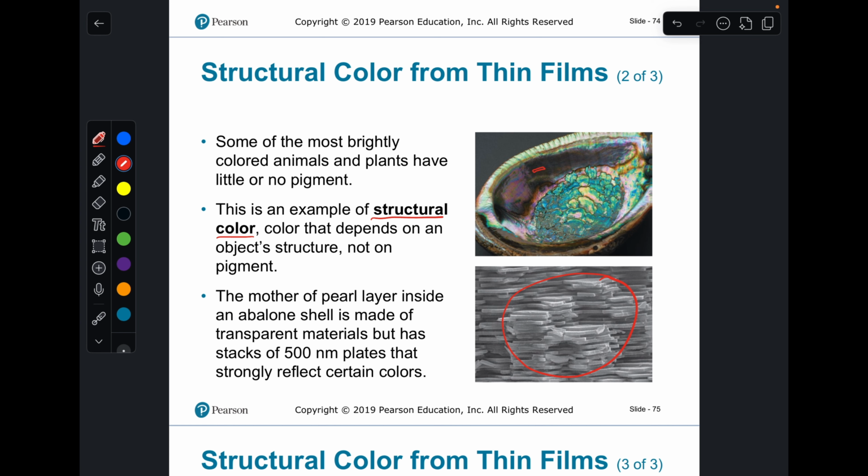Now you have pigmented items, and that is when color comes from a pigment, such as color in makeup, right? There's actual material added to makeup to change its color. The color is not a result of diffraction or interference.